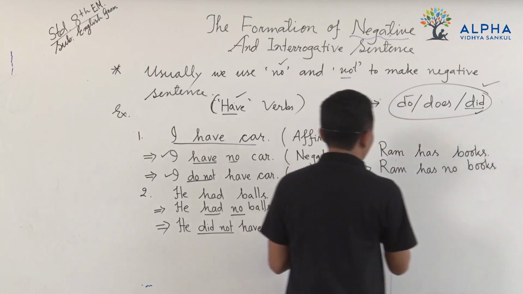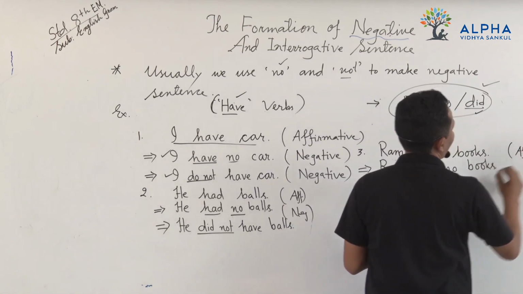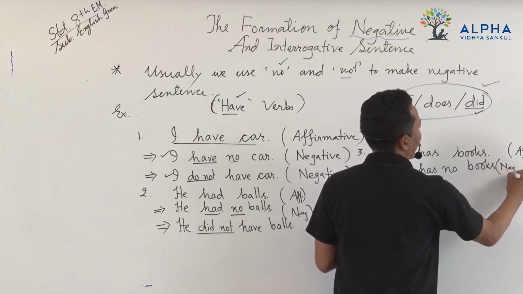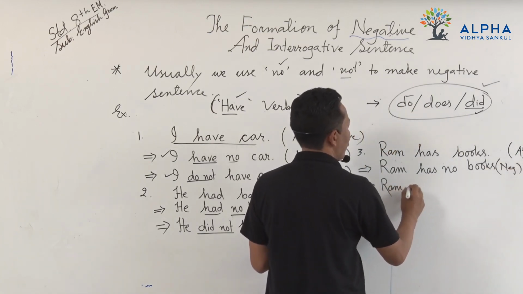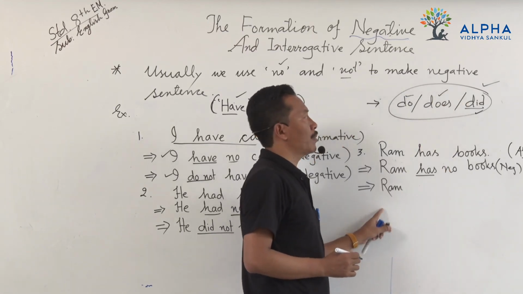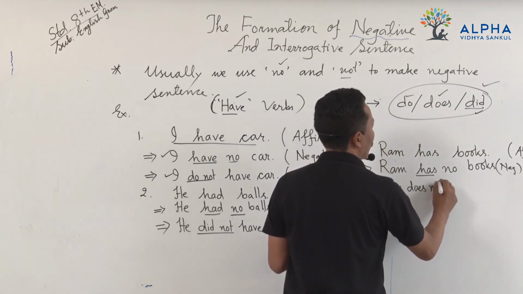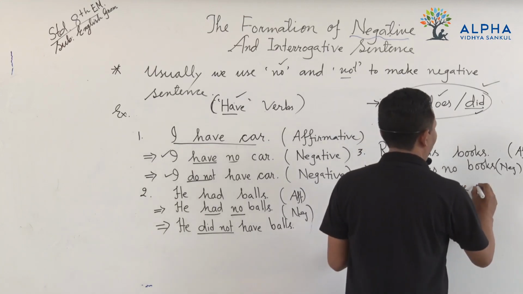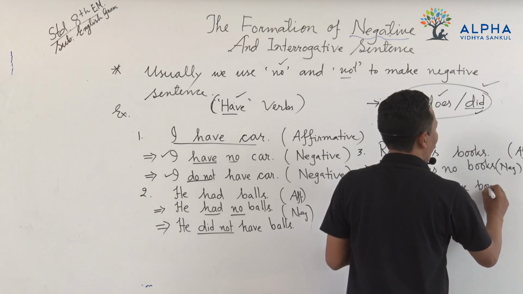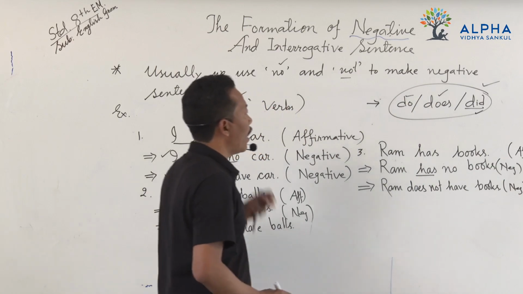And this is affirmative. And this is negative. Here, for the third person singular number, we have to use does. Ram does not have books.